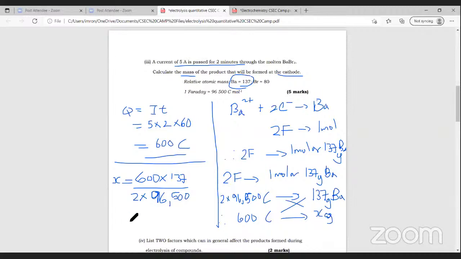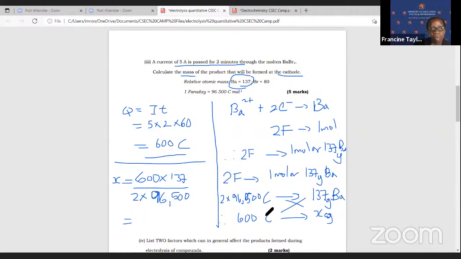If you do that on your calculator, you can tell me what you get. Okay, seeing some answers. There's 0.426, 0.43, 0.43. Somebody before had gotten something like 47.2.